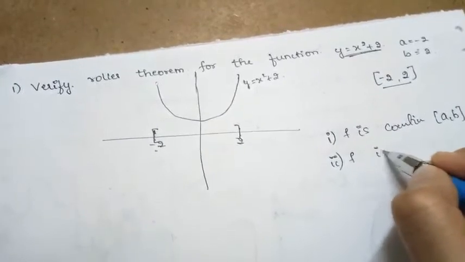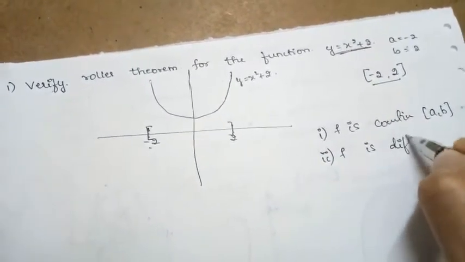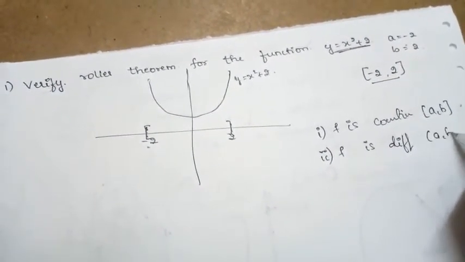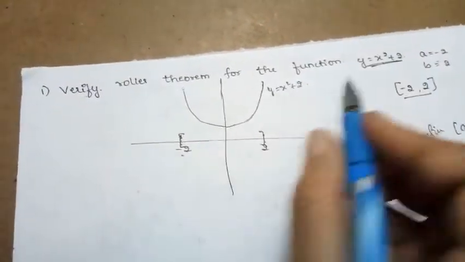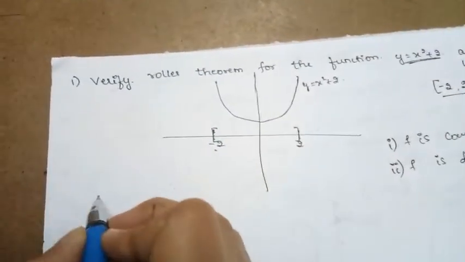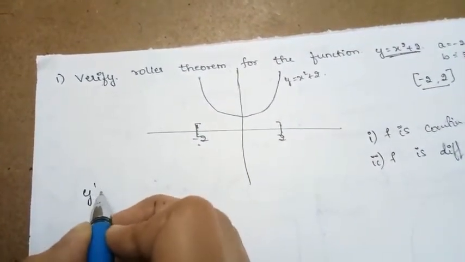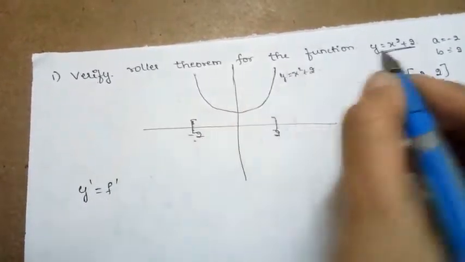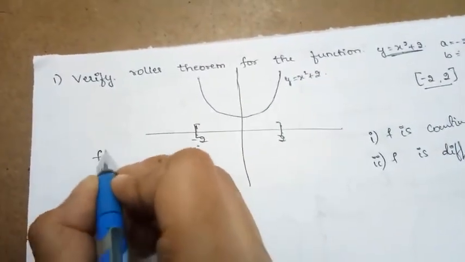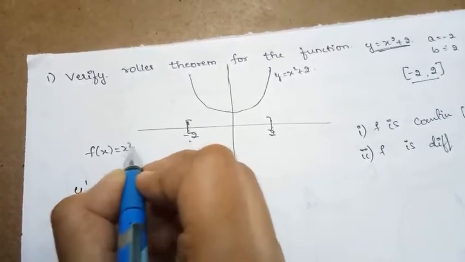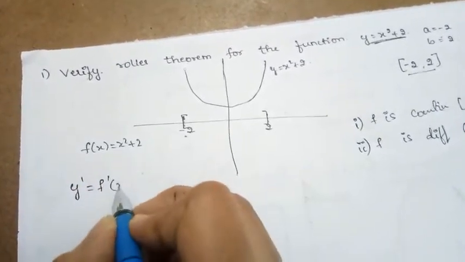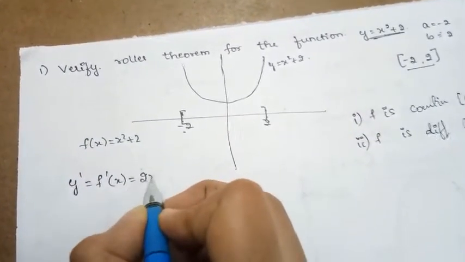Second, the statement of Rolle's theorem is that f is differentiable on the open interval (a, b). So what is the differentiation? That is y dash or f dash. If f of x is equal to x square plus 2, then f dash of x is 2x.